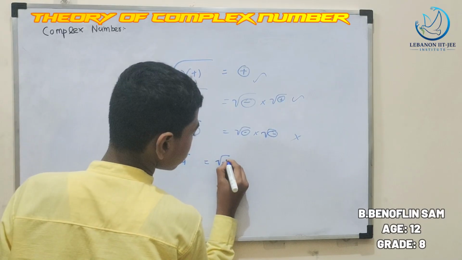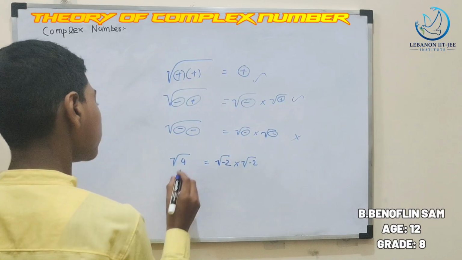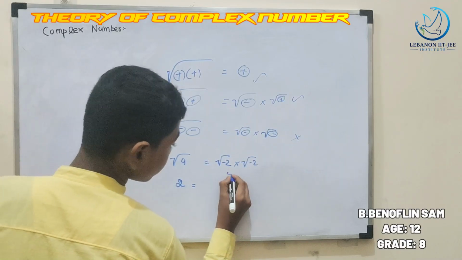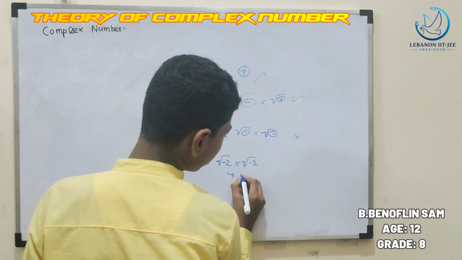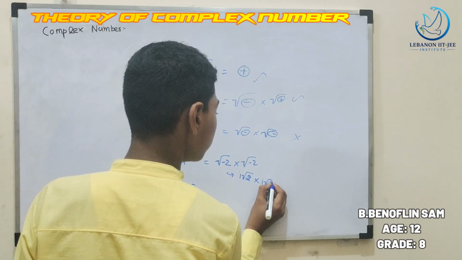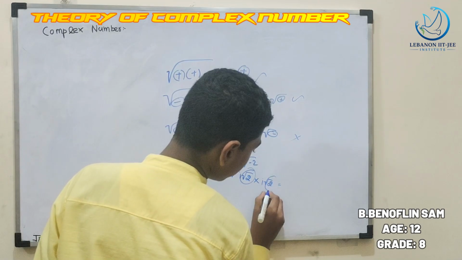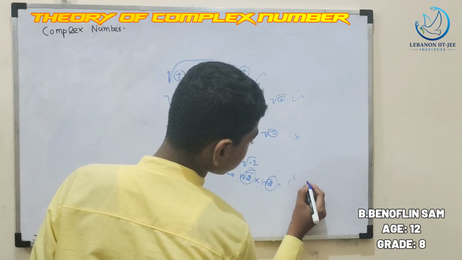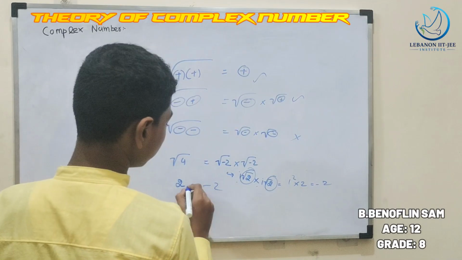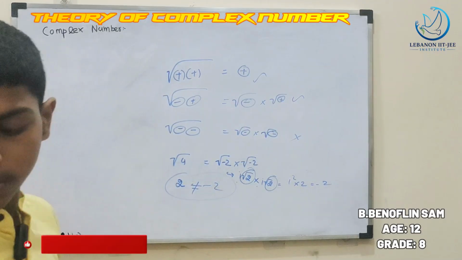We can take root minus 2 into root minus 2, which is i root 2 into i root 2, so i square into 2, which is equal to minus 2. So this will be wrong, that's why it's not working with this.